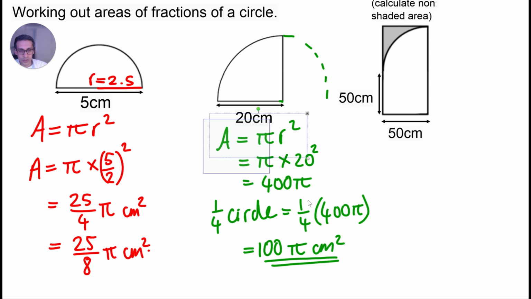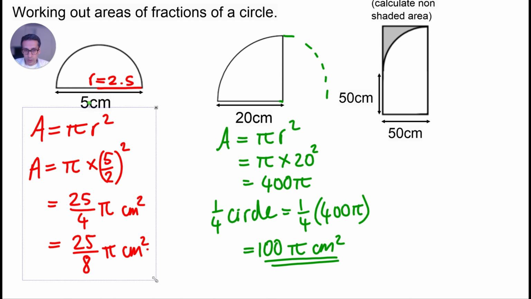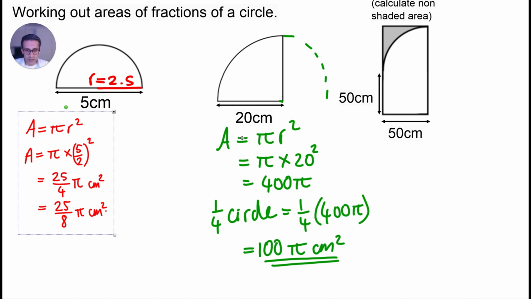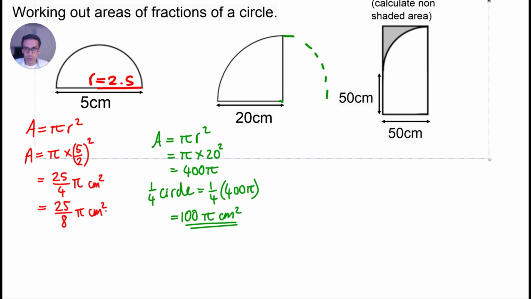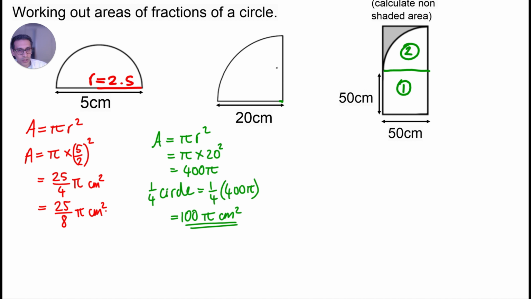Okay, last question on the right. This one you may need a bit more space for. Now if we look at it carefully, we can split this up into shapes that we know. So we can say, for example, that this consists of this square here, which we're going to call shape 1, and then this quarter circle, which is kind of what we just worked out in the previous question. So we're going to work out the area of 1 and then 2.